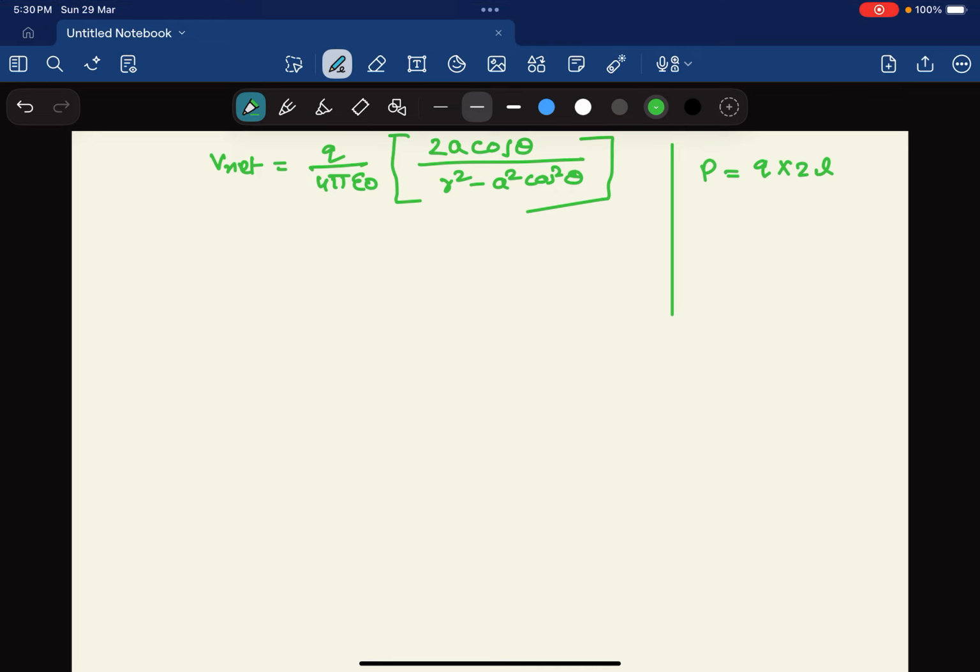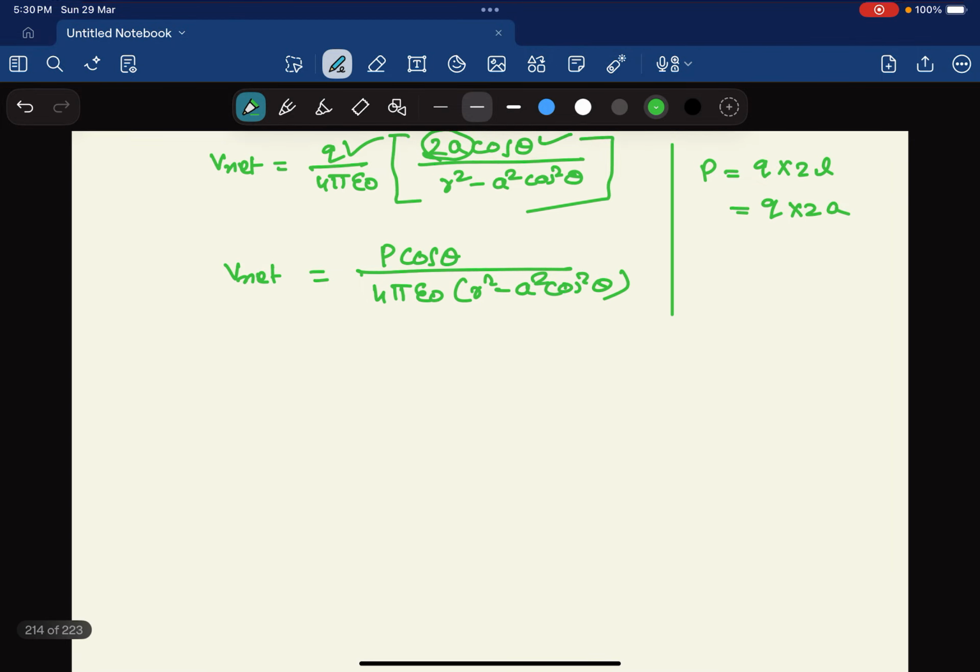Okay, so instead of 2l I'm taking 2a, so q into 2a. So look at here, 2a is present and q is present. So therefore net potential we can write as P into, what is the remaining term? cos theta by 4 pi epsilon naught into R square minus a square cos square theta.